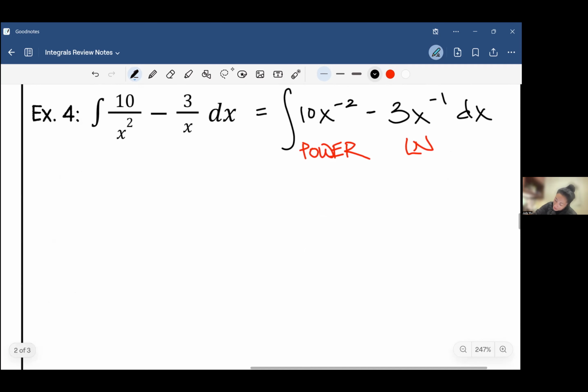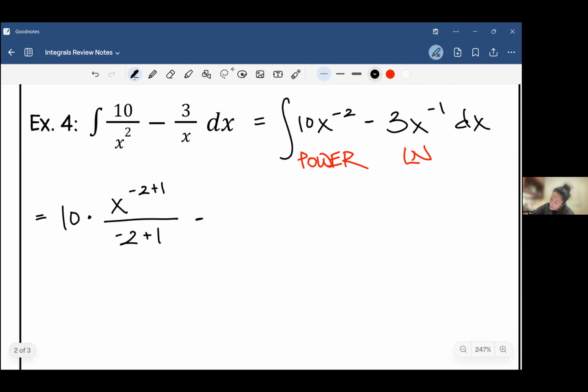All right. So power rule says we've got 10 times x to the negative 2 plus 1 over negative 2 plus 1. And then the second part, minus 3, but the integral of x to the negative 1 is just natural log of the absolute value of x. Once again, we're going to stick a plus c at the end because we have an indefinite integral with no bounds. All right.